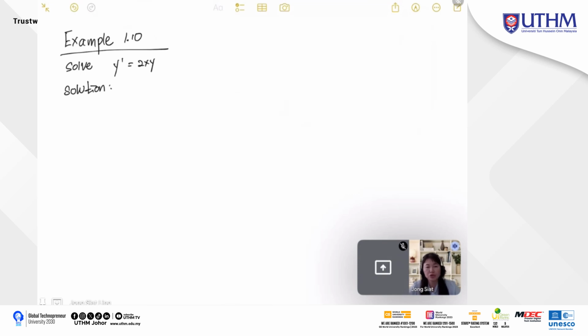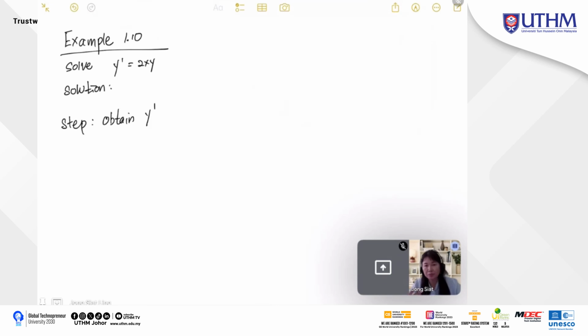I'm going to show you an example: solve y prime equal to 2xy. There are a few steps to solve this question. First of all, obtain y prime. From the y, you need to get the y prime.